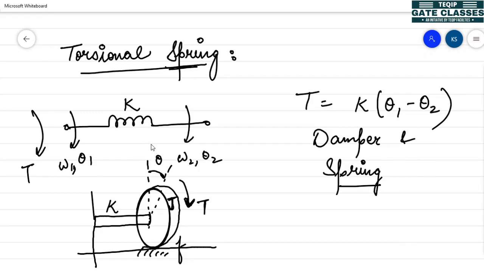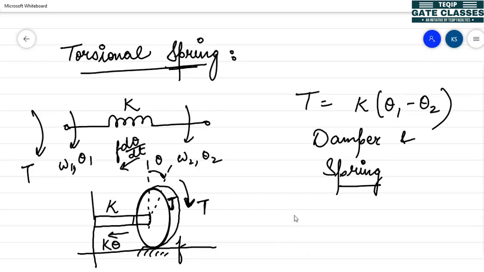So if angular displacement is in clockwise direction, because of this friction, the force developed by this friction is in opposite direction, which is equal to F d theta by dt, and in the same way the force developed by this shaft is in the opposite direction, that is K theta.